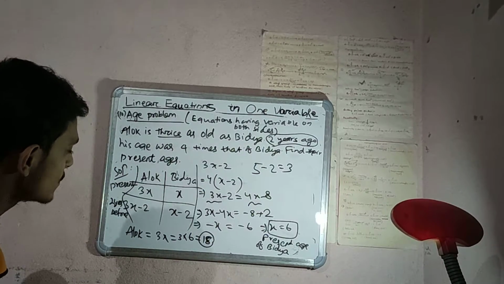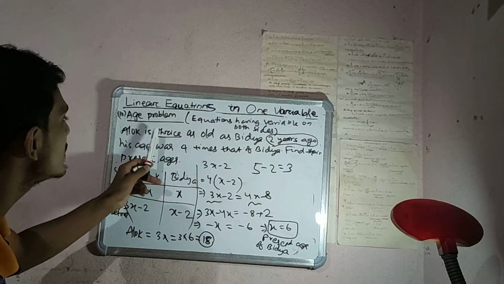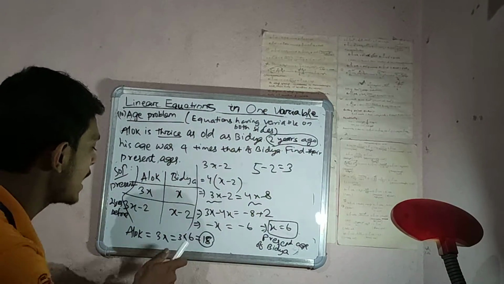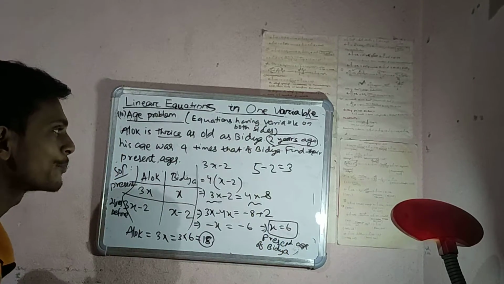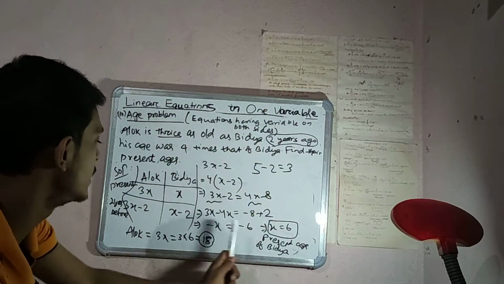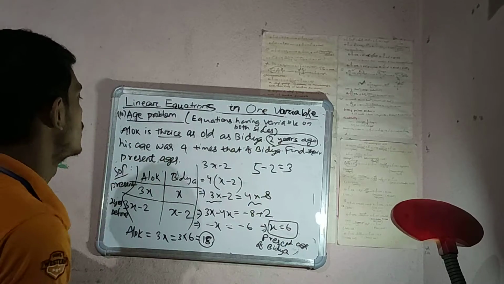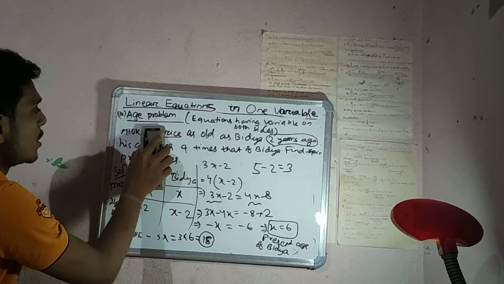So the present age of Alok is 18 and the present age of Vidya is 6, because Alok is thrice as old as Vidya. So in this way you can find the present ages of both persons, and we can solve the age problem.